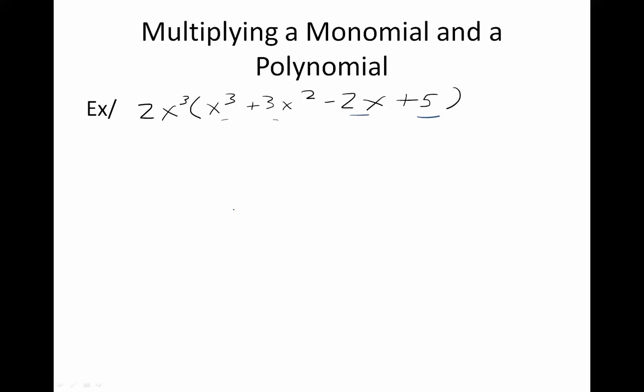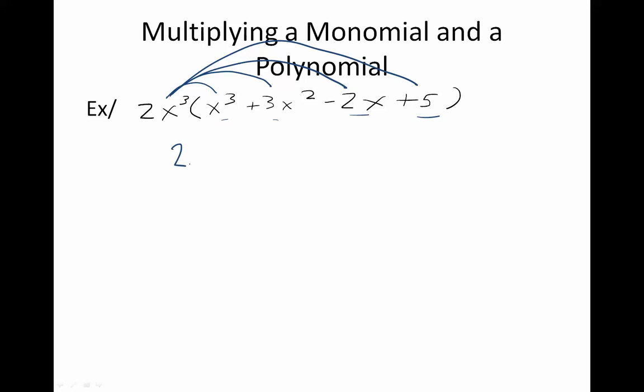Now, we can just do what we've done in the past, which would be to distribute, and distributing works just fine. Since it's outside the parentheses and I'm multiplying, I'm just going to distribute the 2x cubed into everything that we have here.